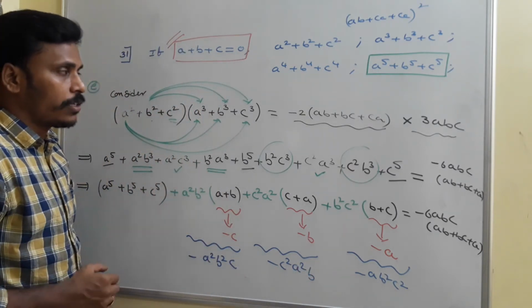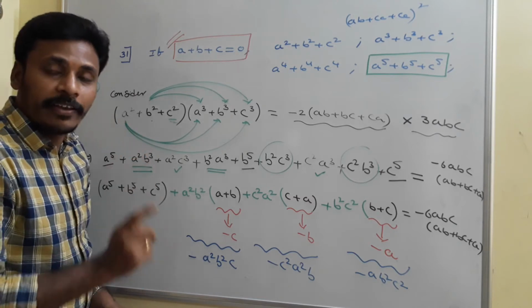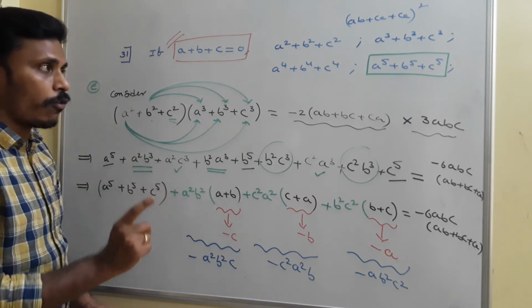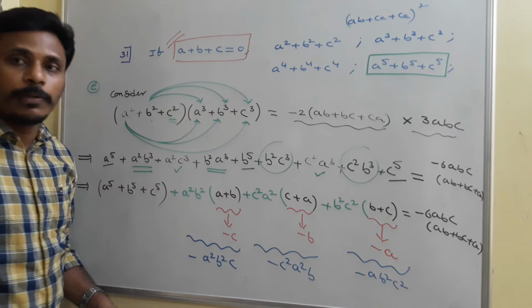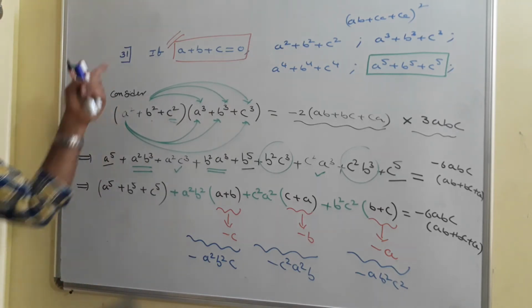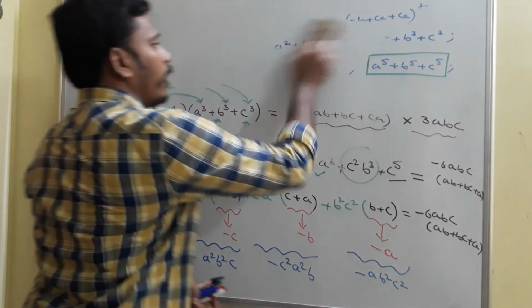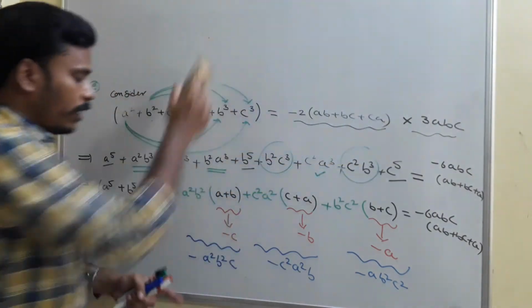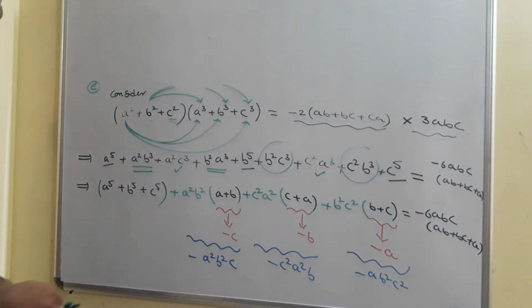I don't have space here, and you just keep in mind we are finding a power 5 plus b power 5 plus c power 5 when a plus b plus c is equal to 0. I use this space now. Okay? After this, you just think about it. Very simple task now.